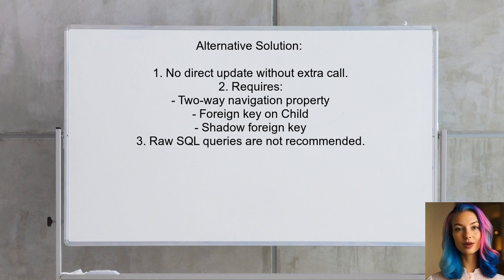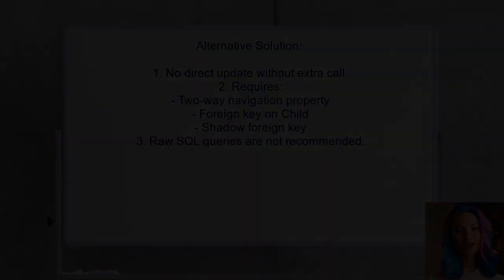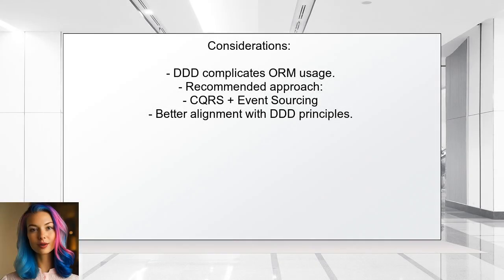They also mention that using raw SQL queries defeats the purpose of using an ORM. The user also highlights that if you want to follow domain-driven design principles, it complicates the use of ORM. They suggest that a better architectural approach would be command query responsibility segregation with event sourcing, which aligns better with DDD principles.